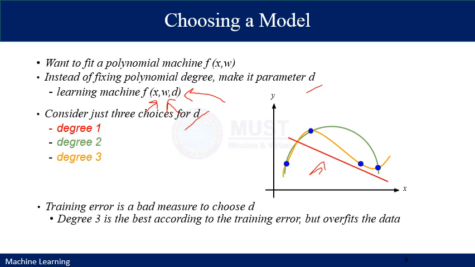Let's say we increase the degree and train another algorithm on the same data set, represented by a green line. This model predicts three examples out of four correctly, so there is one error.